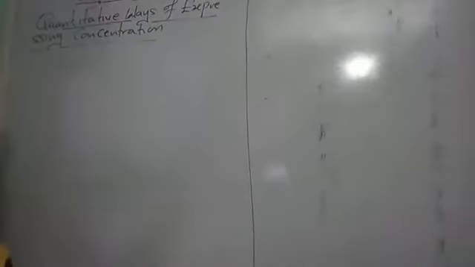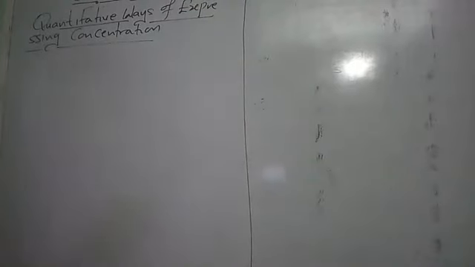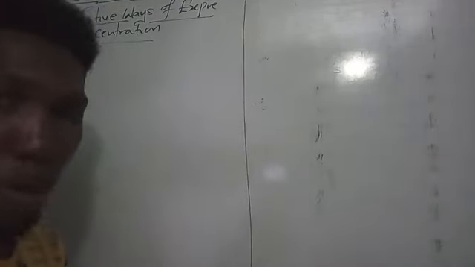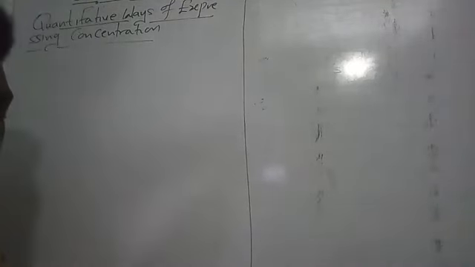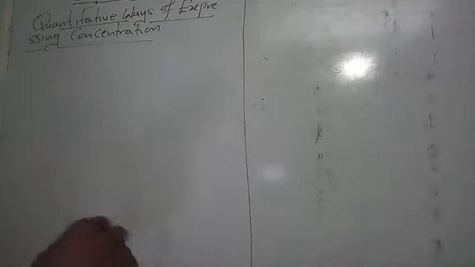We can express concentration in a number of ways. You can express concentration in terms of molarity. That's the first way. I'll be dividing it into tabular form. We look at the concentration term, then I'll also look at the ratio.